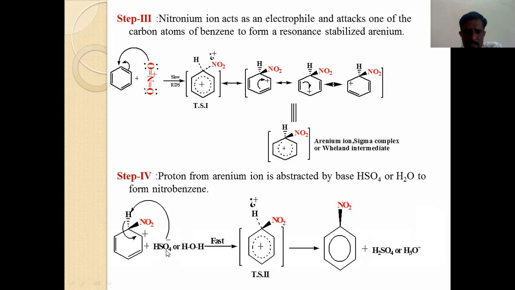This HSO4- acts as a base, and this base attacks this hydrogen, eliminating the proton from this sp3 hybridized carbon atom of the benzene ring, with formation of H2SO4. Are you clear here? H2SO4.